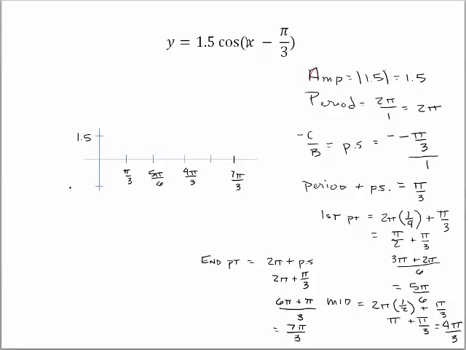1.5, negative 1.5. And let's see what we can do about this graph. Okay, we're going to start here. Now remember, the cosine graph starts at minimum or maximum amplitude. So this is a positive amplitude, so we're going to start right up here.